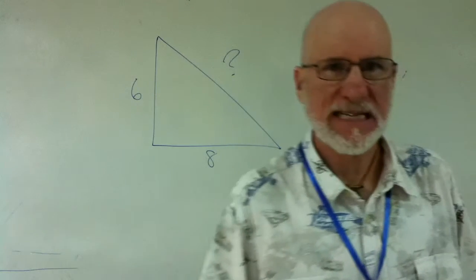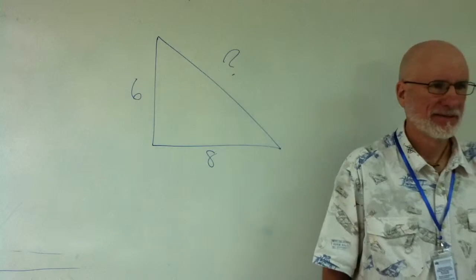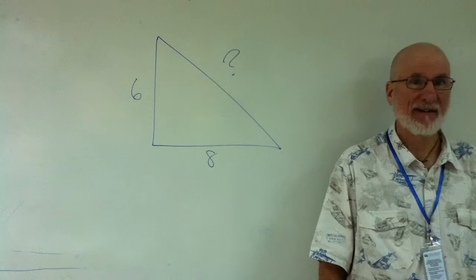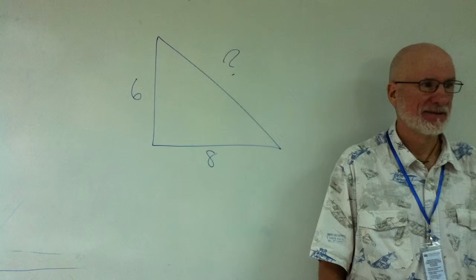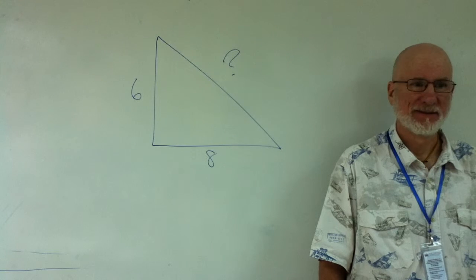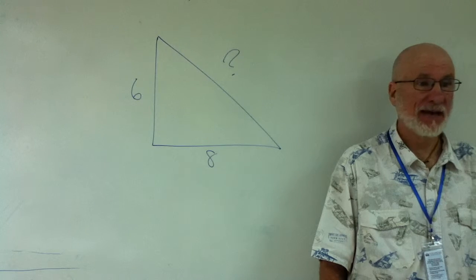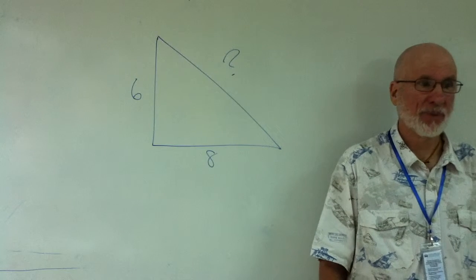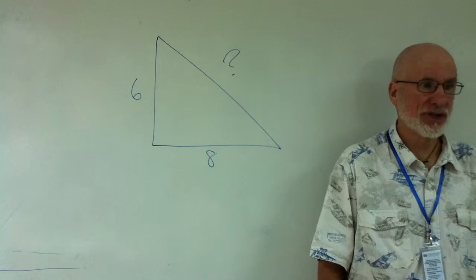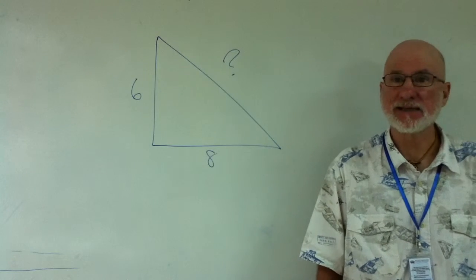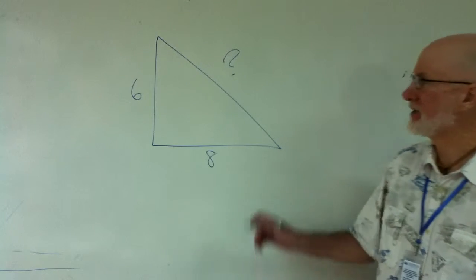They don't see the pattern yet. Let's see who sees the pattern first. Go ahead. What's the answer? Anybody? Do it in your head. I promise you, you can do this in your head. Yes. 10. How'd you get it?